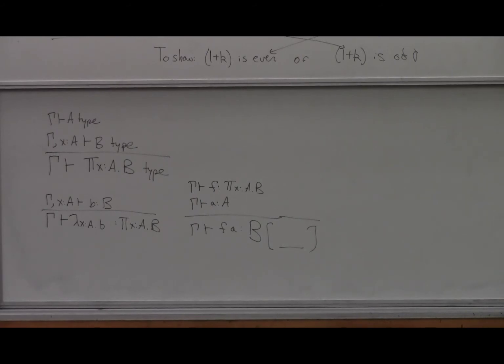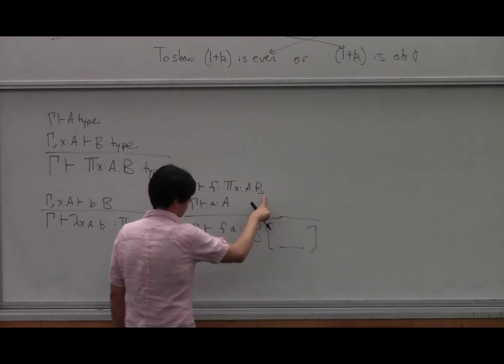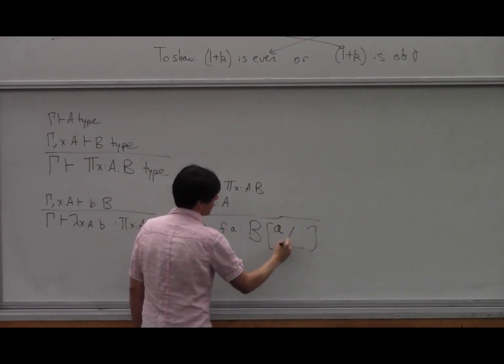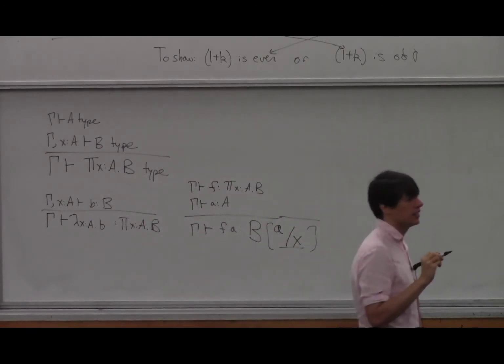Because what we have here is not a function from A to B, but a function that for each thing in A delivers a B for that thing. Therefore, we substitute a for x in B in the conclusion.